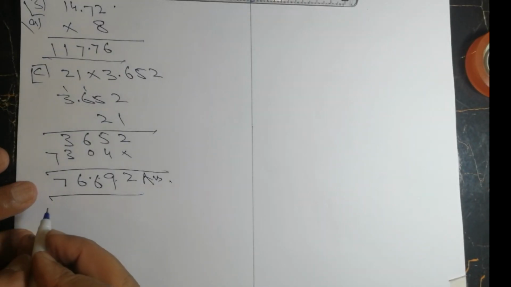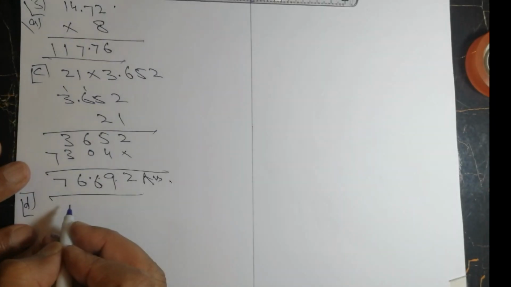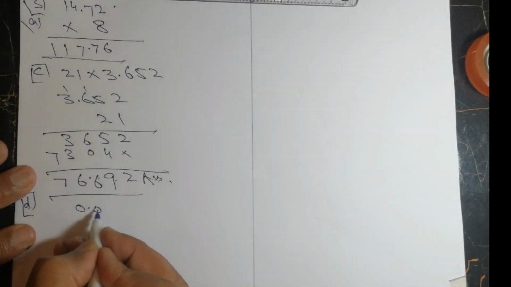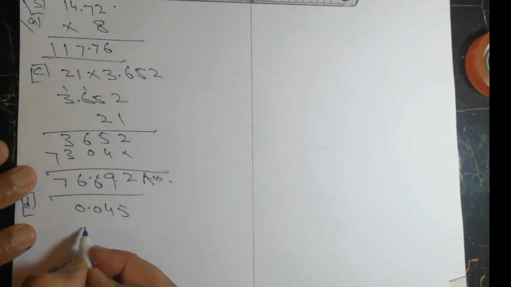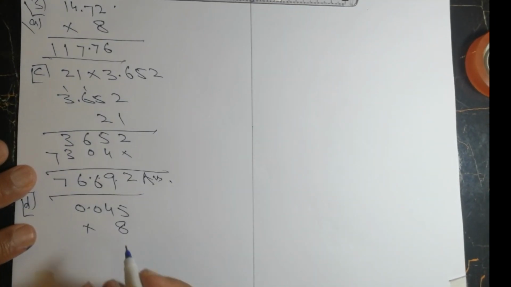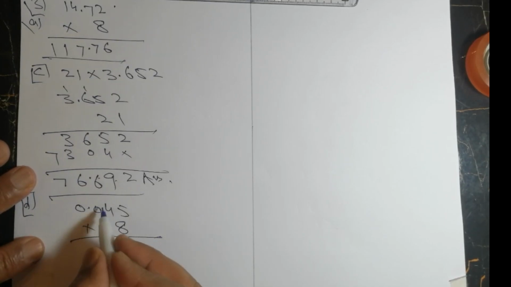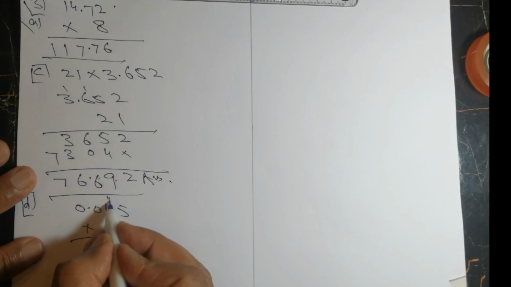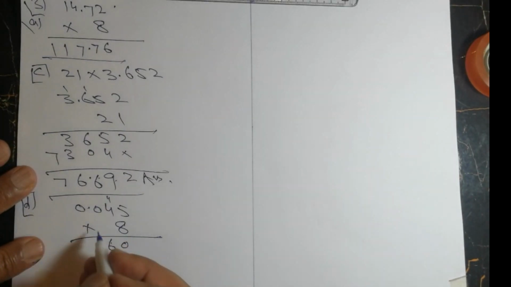Part D, that is 0.045 multiplied by 8. So 8 fives are 40, 4 carry, this is 4, 8 fours are 32 plus 4 is 36, 3 carry, then 3.